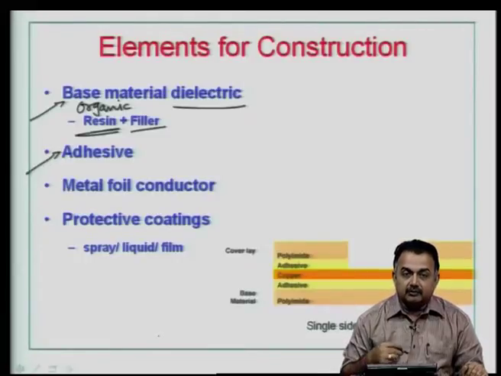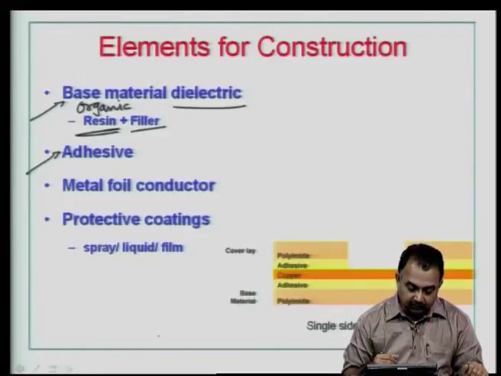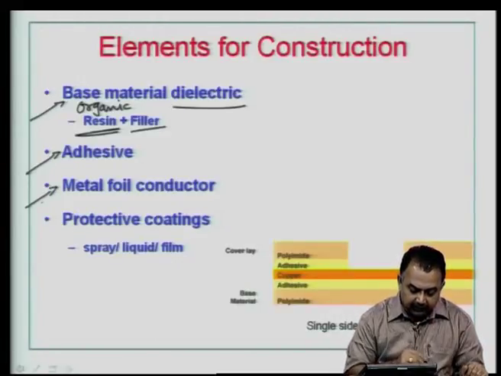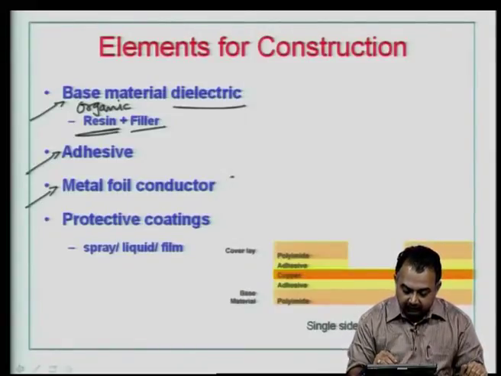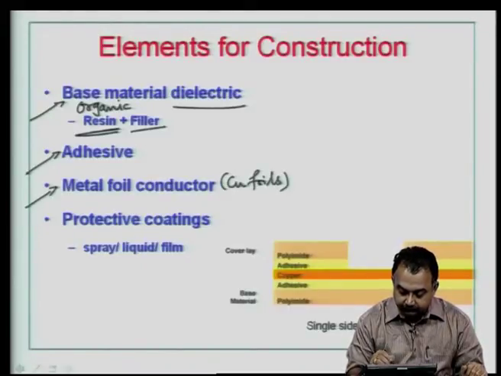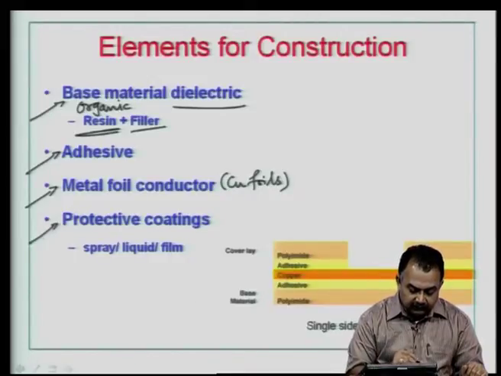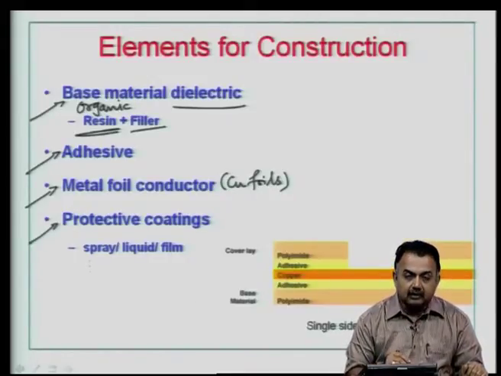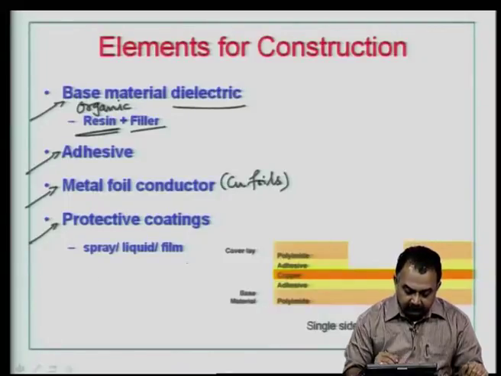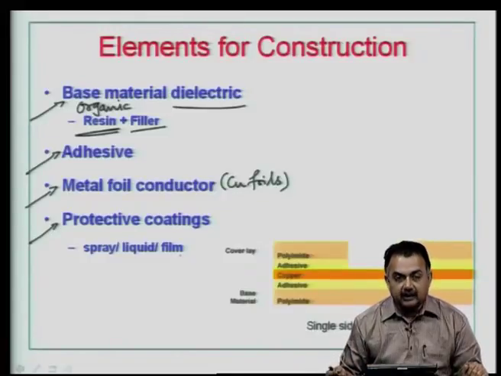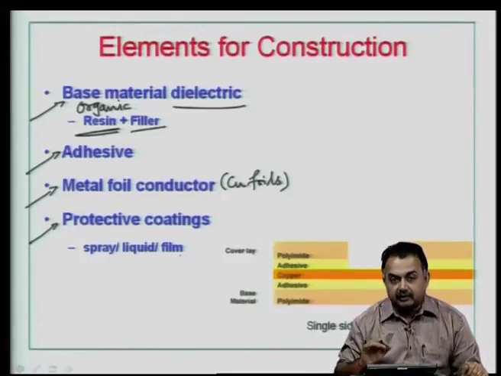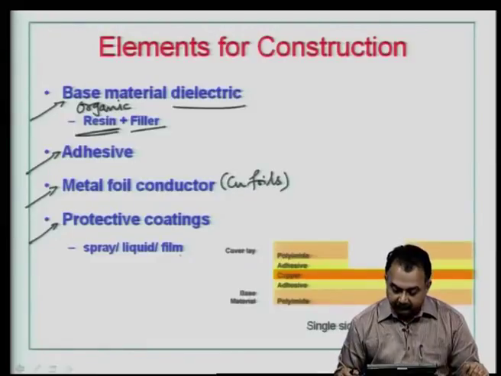Here we are not going to do processes like lamination as we did in a conventional multilayer board. Then the other element in a flex circuit is the metal foil conductor. Typically you can use copper foils. Then we use protective coatings like a spray, conformal coating, liquid, or a dielectric film that can protect the structure of the flex circuit.